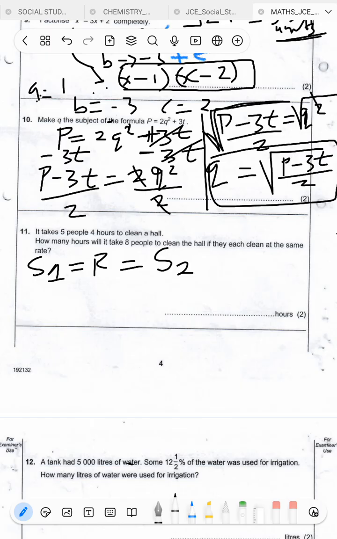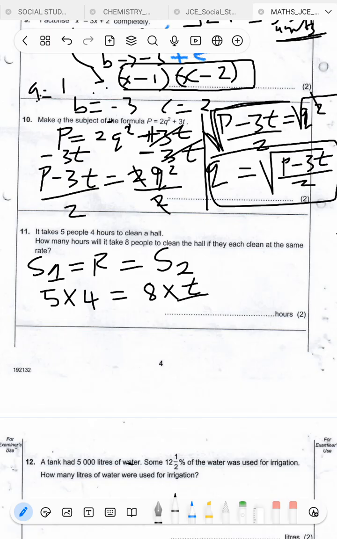Therefore, we can equate the work rate of the first group to the second group. So you're just going to simply say 5 multiplied by 4 is equal to 8 people multiplied by, we are looking for time, so we'll just say t.